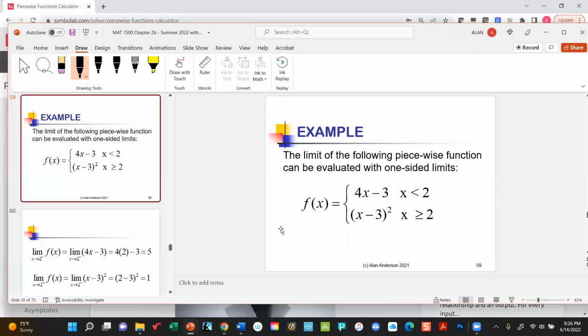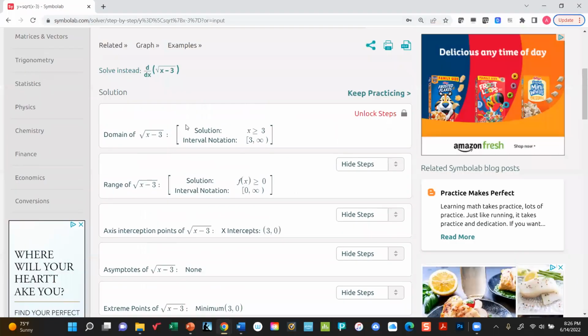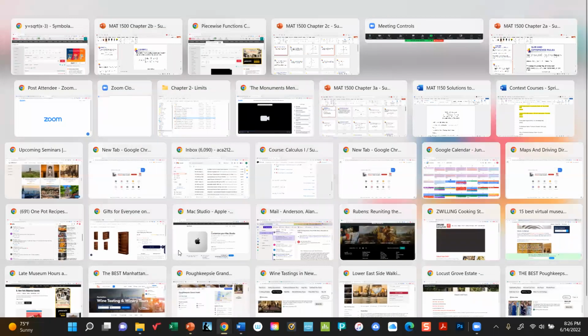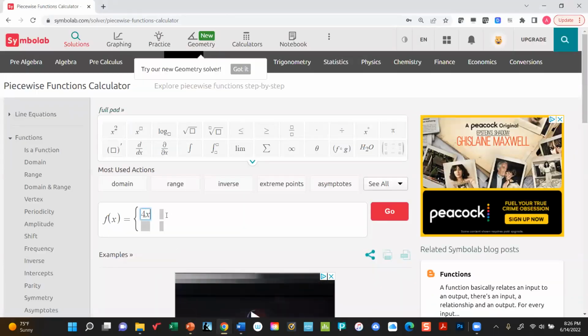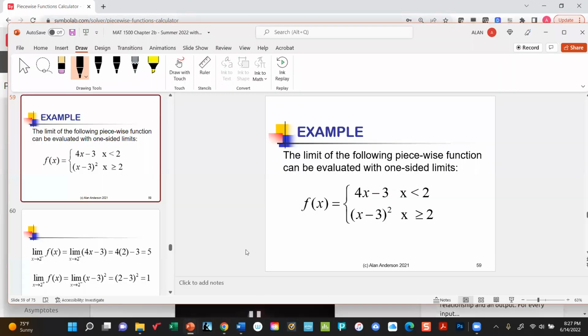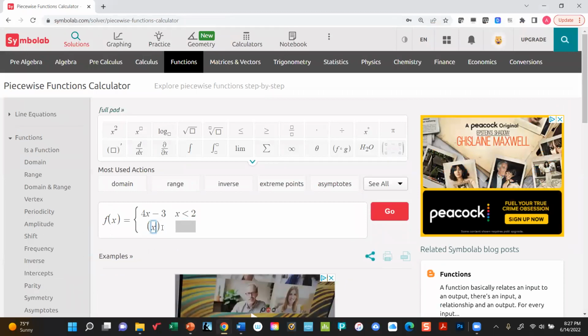So we have 4x minus 3. Hold on, I actually have 2 different Symbolabs open now. 4x minus 3 when x is less than 2, and x minus 3 squared everywhere else.